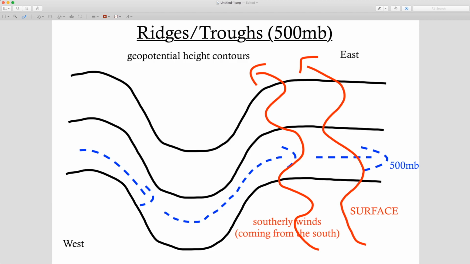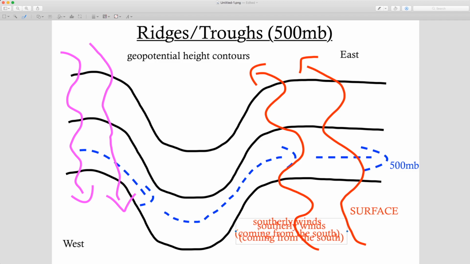Okay, now on the western side of this meridional flow, you're going to have northerly winds. Now, this concept is actually very complex and hard to explain without going into very complex equations.